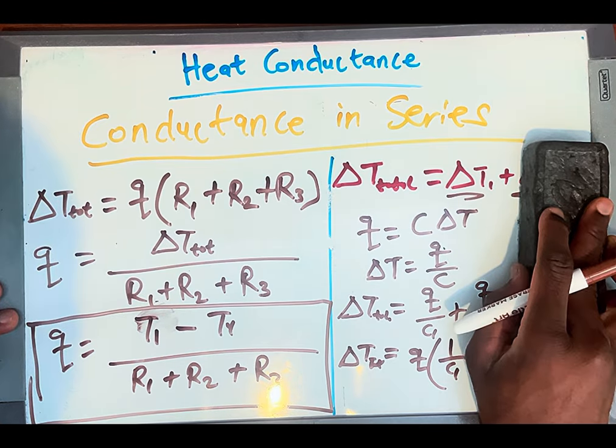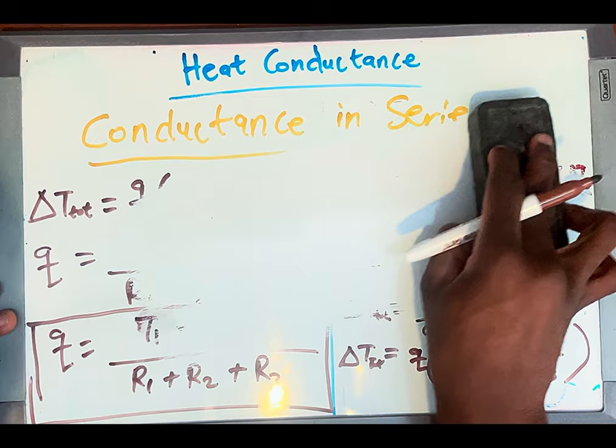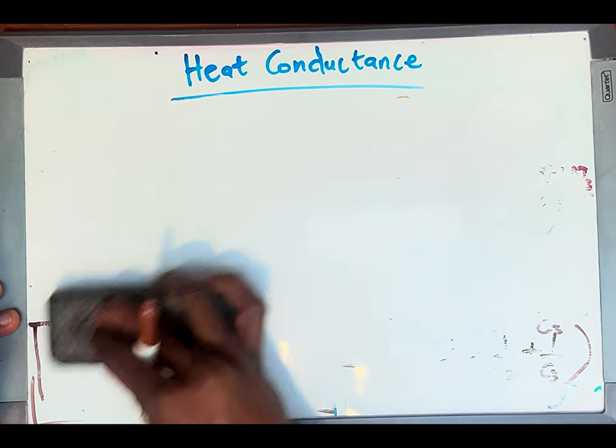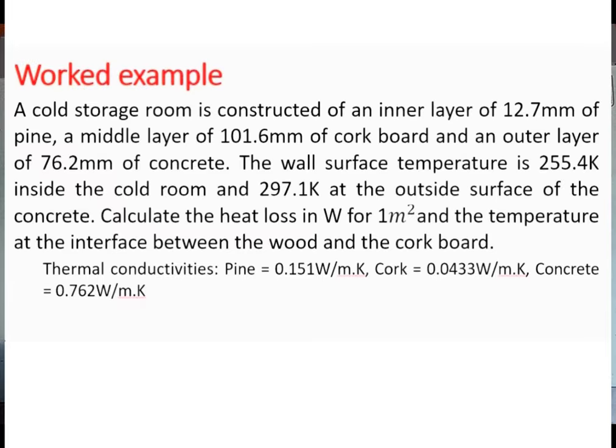Now let's consider a worked example to help us test our understanding of the concept that we have learned today. A cold storage room is constructed of an inner layer of 12.7 millimeters of pine, a middle layer of 101.6 millimeters of cork board, and an outer layer of 76.2 millimeters of concrete.